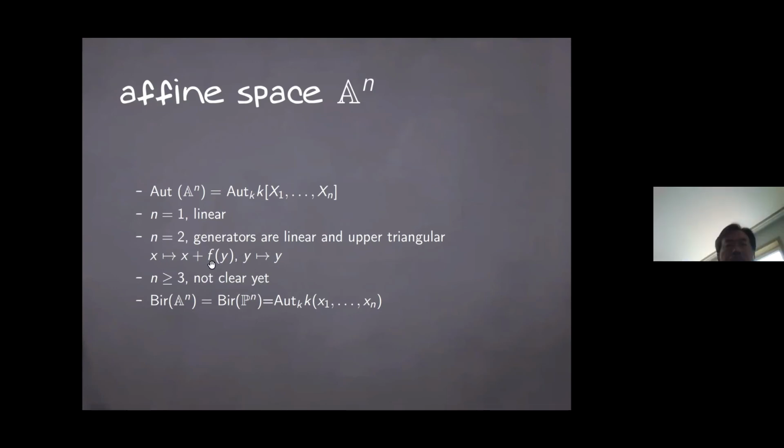If the elements are compositions of linear or upper triangular ones, they are called tame, but it is also conjectured that there exist some wild automorphisms. Here I want to say there is also an algebraic geometry proof for the automorphisms of A2 by the minimal model program.